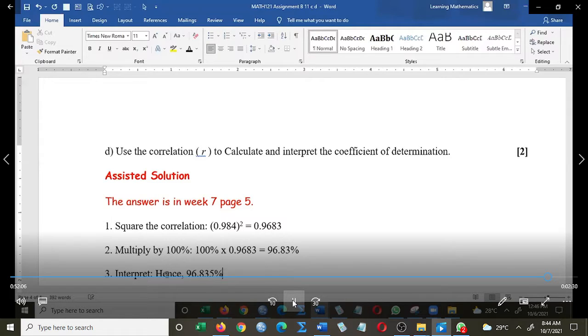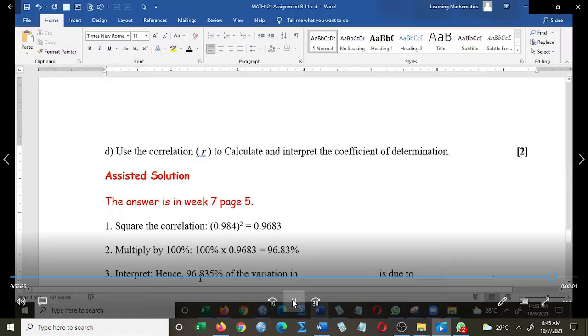And you're going to help me complete the interpretation. 96.83% of the variation, I say change, but you can say variation too, in is due to, can someone please help me complete the interpretation?